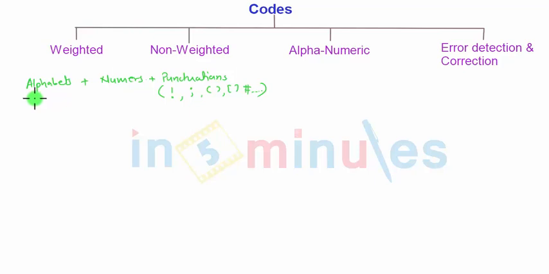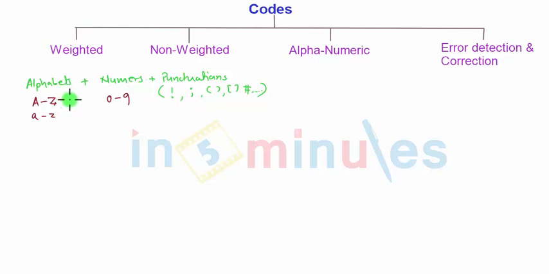Alphabets: A to Z, there are 26 uppercase letters, 26 lowercase letters a to z, and numbers 0 to 9. If we add these together, 26 plus 26 is 52, plus 10 is 62, and punctuation marks are many more, so it will exceed the number 64.